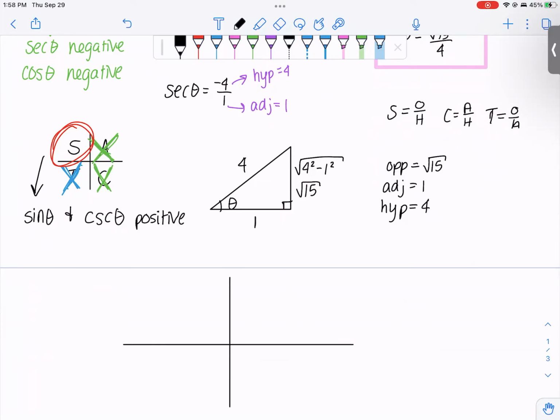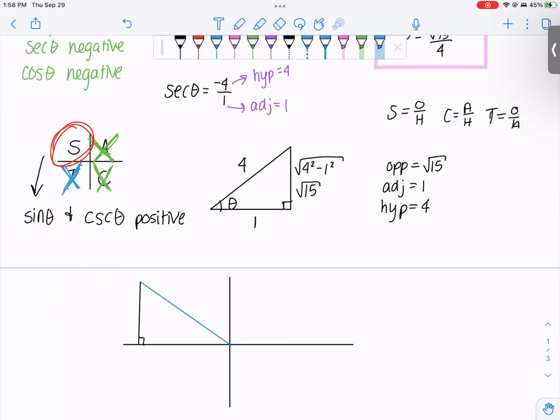But Alex will do this thing where you figure out what quadrant it's in using all students take calculus, but then let's say you're in quadrant 2 like we were here. They're going to say, okay, if you're in quadrant 2, then you can make this triangle right here.